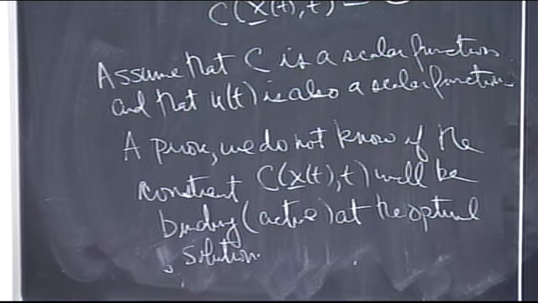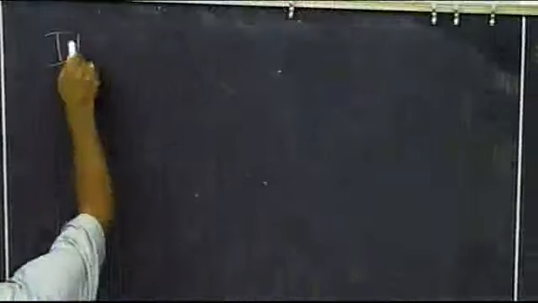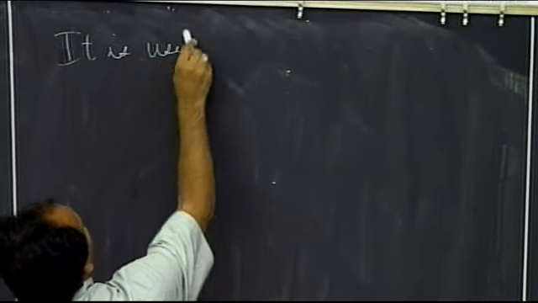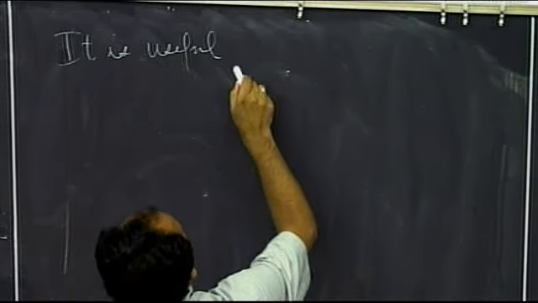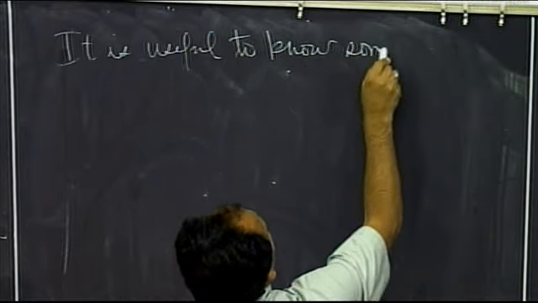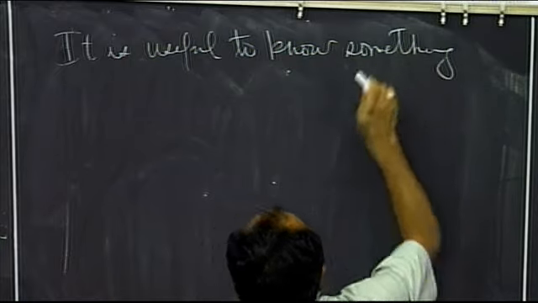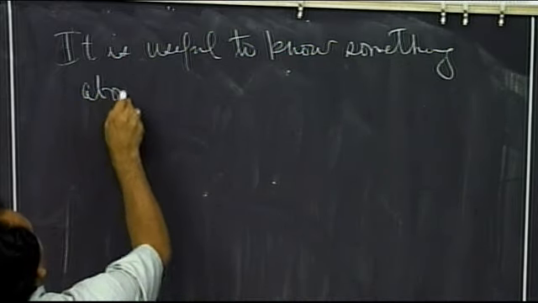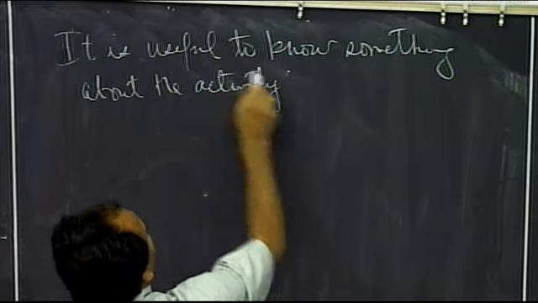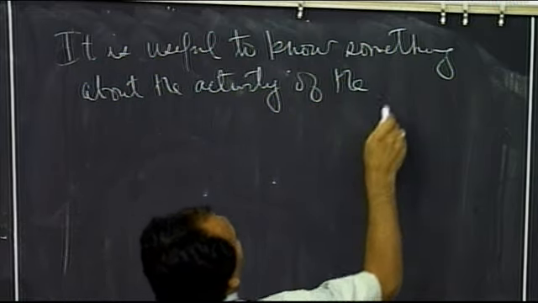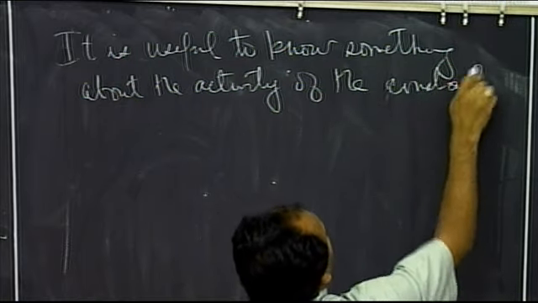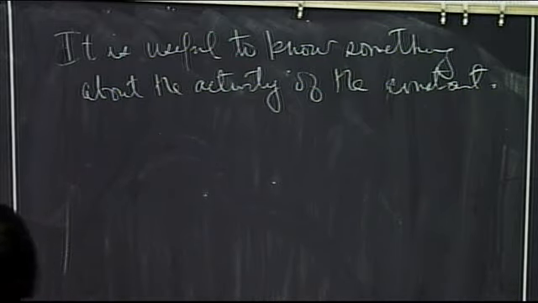So it is useful, I should say, rather than saying necessary, to know something about the activity of the constraint. So what we're saying here is, well, we don't know this, right?